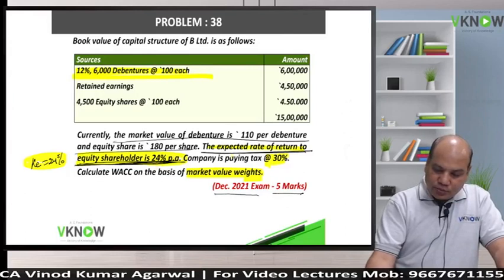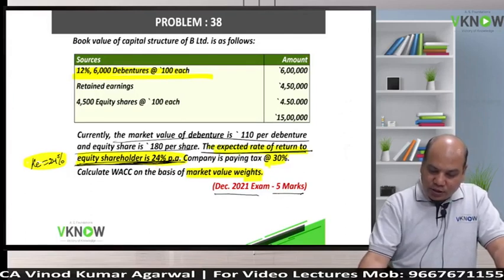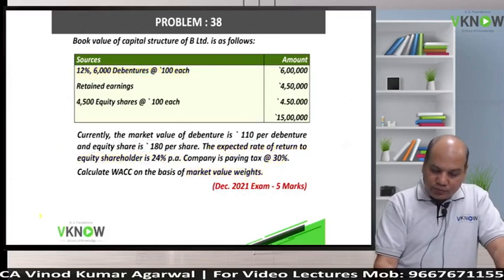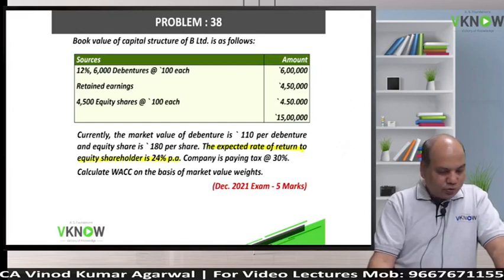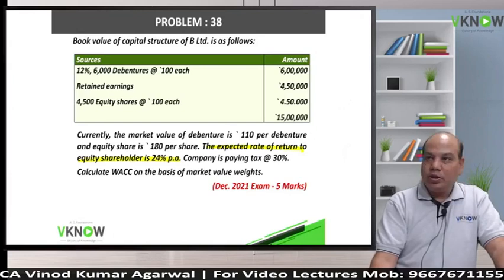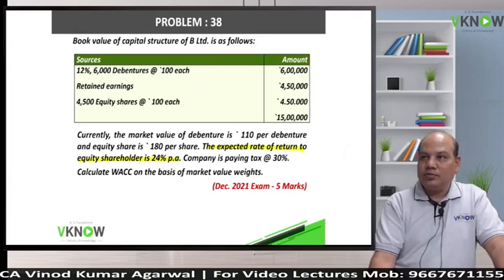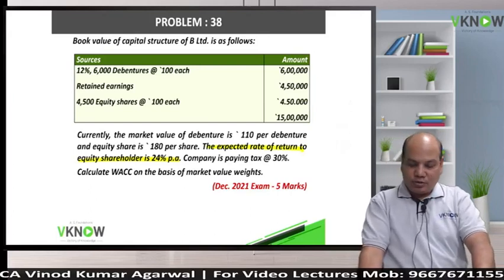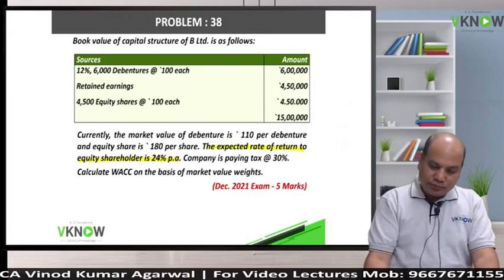They have not mentioned it clearly, whether it is dividend rate or the final return expected by the investor. As per the institute answer, they have assumed it to be dividend per share. They have used it for calculating dividend per share. Okay. So write.